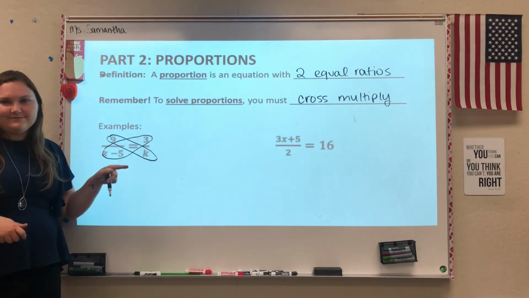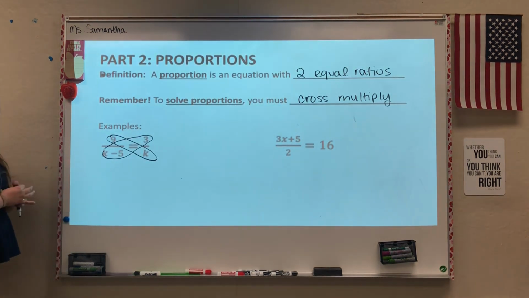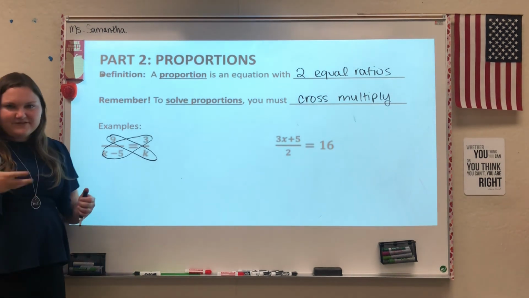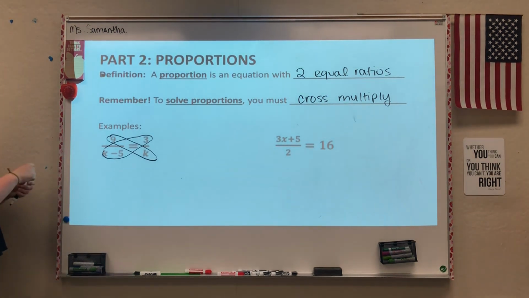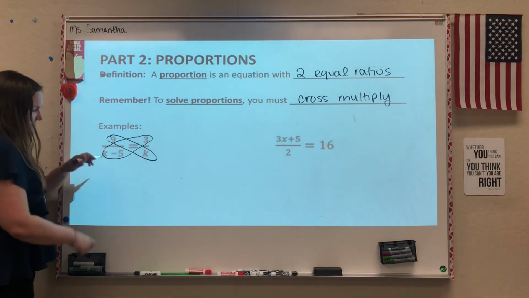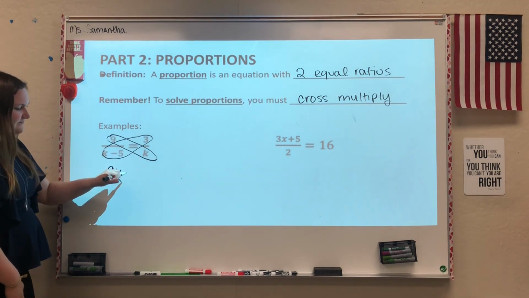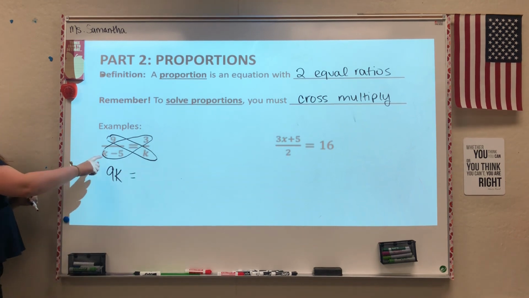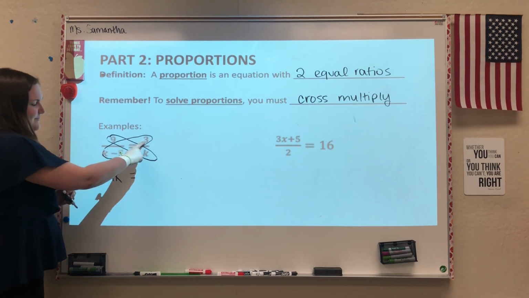Hence cross multiply. The multiplication is because these problems already have division in them. Now when you do that, it doesn't matter which way you start, but you could start by saying 9 times k. Well, that's 9k equals, we want to say k minus 5 times 3.